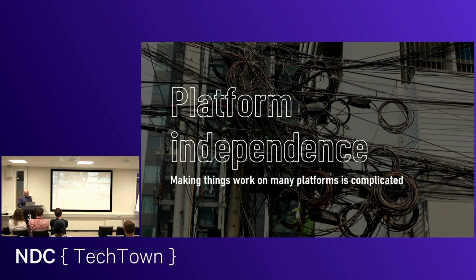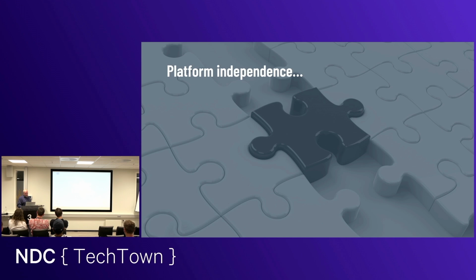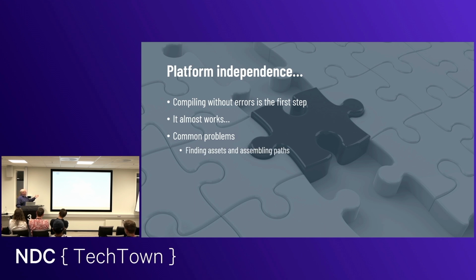I will skip this. Yeah, a short thing about platform independence. It's hard to make it work on many platforms. So compiling around errors is the first step, but not the only step. It almost always works. And then you find some things like file system problems, finding assets, paths, UI events not coming in the right order.